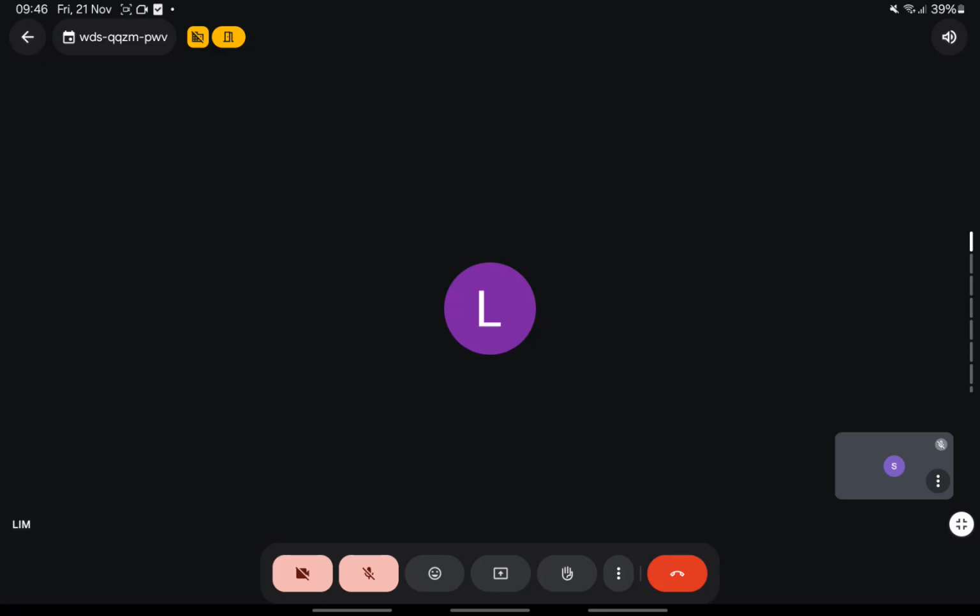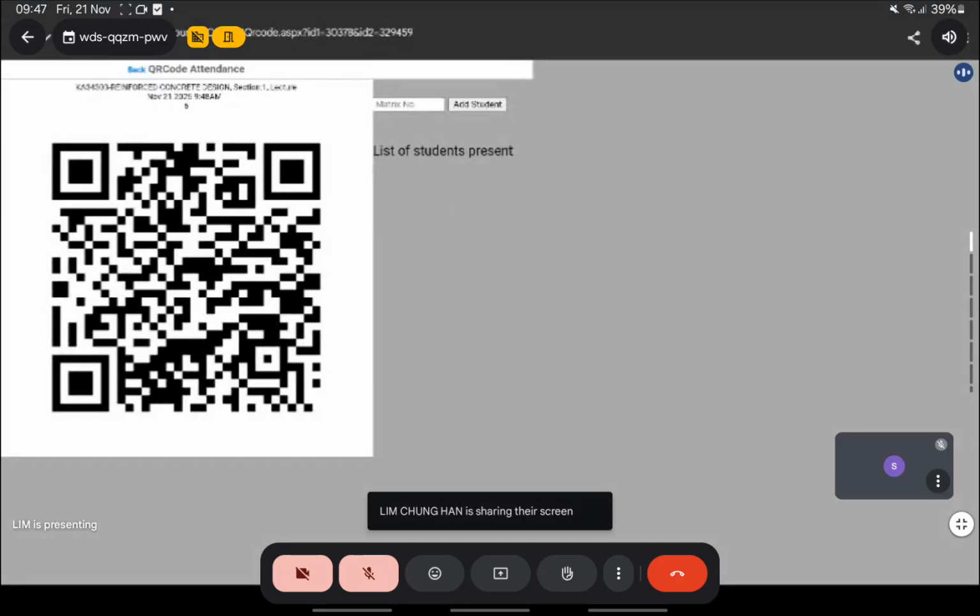Parsec error. Alamak. Okay. Get ready to scan. All right.